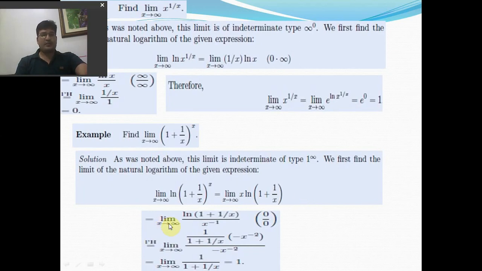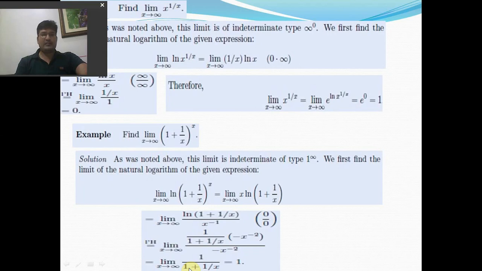Now if we are putting the limit x is equal to infinity directly, we will obtain 0 by 0. So definitely we can apply L'Hopital rule right now because it's in the form of 0 by 0. So differentiation of numerator as usual separately and differentiation of denominator, we obtain 1 upon 1 plus 1 upon x.